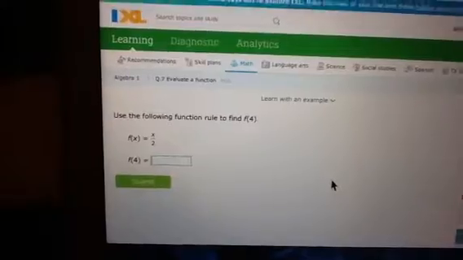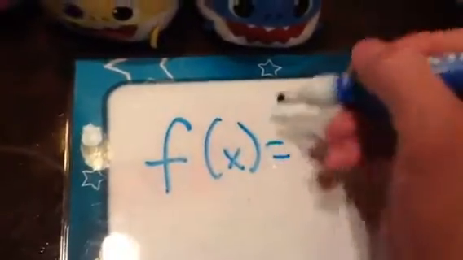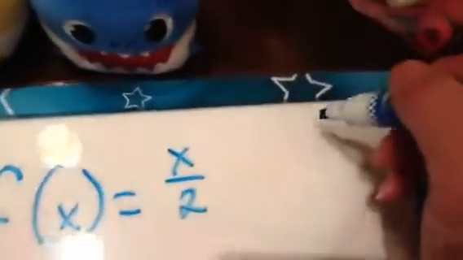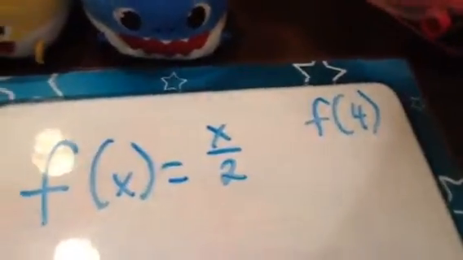I'm going to take one more look at the problem. Okay, so now they have the function of x equals x divided by 2. The other information they told us is that they want us to put 4 in there for x.